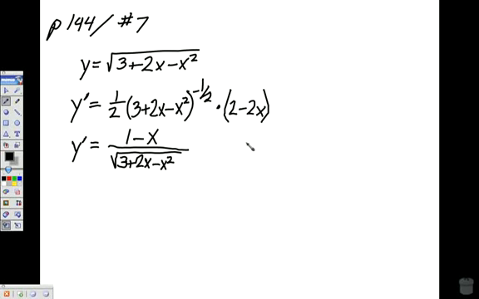We're looking for critical points, which we get when the derivative is equal to 0, or when it doesn't exist.